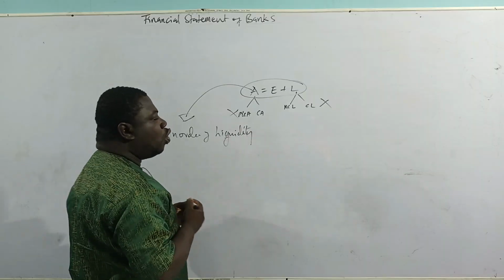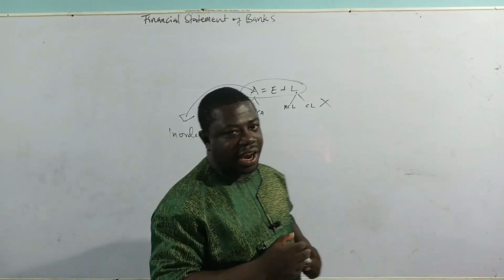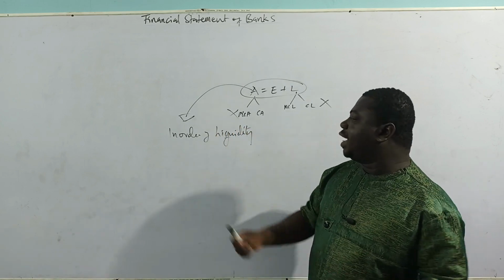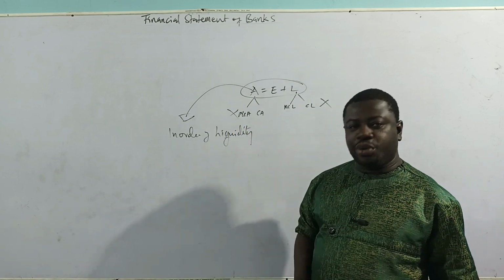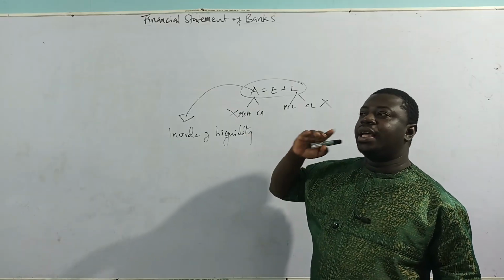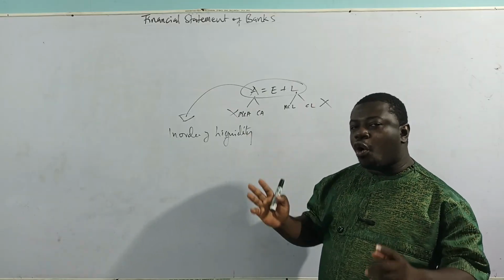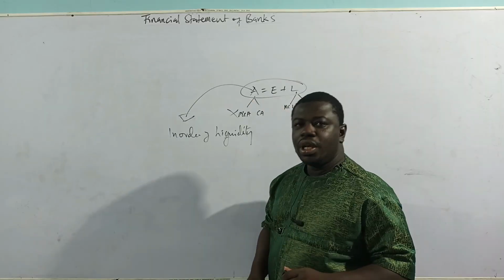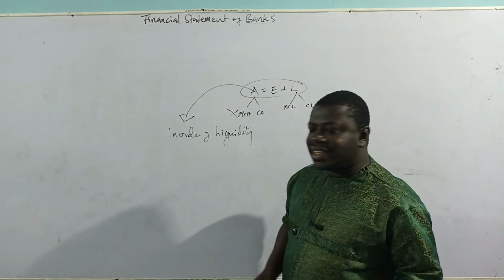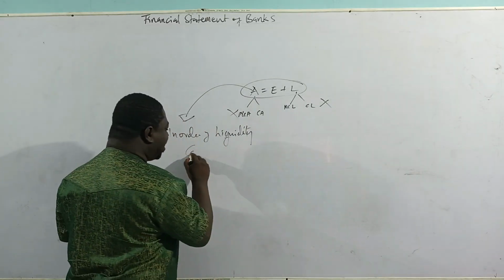Now, even though they don't arrange it as current assets and non-current assets, they arrange the assets in the order of liquidity, either from the least liquid to the most liquid, or from the most liquid to the least. And most of the time what they do is that it is from the most liquid to the least. So the most liquid will always be cash.